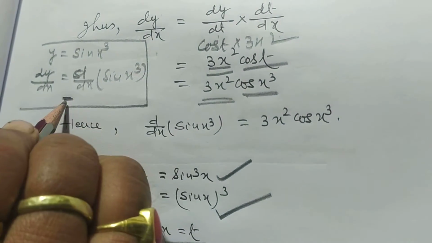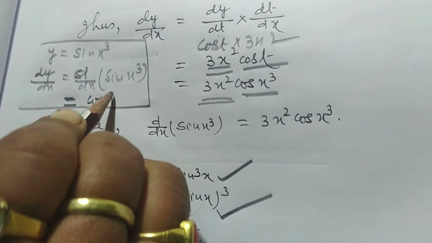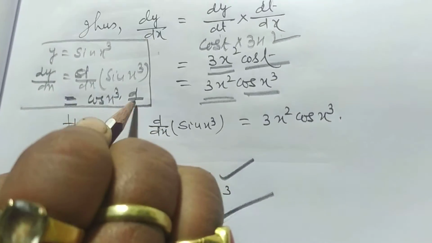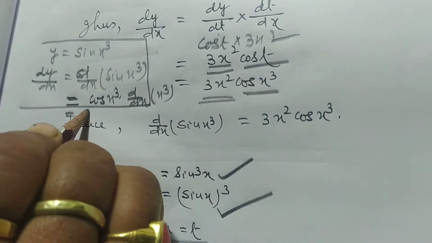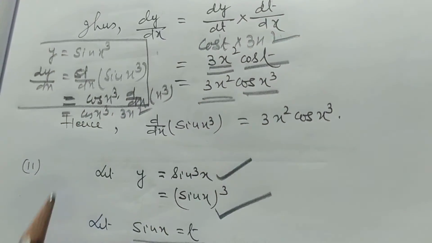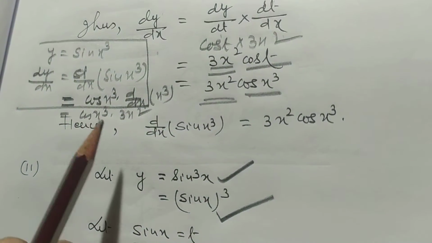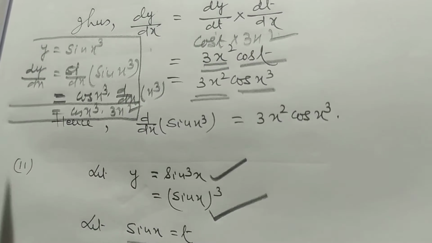First you differentiate the trigonometrical ratio, cos of angle x cube, then the angle, d by dx of x cube, and this is equal to cos x cube into 3x square. So my dear students, in this way we can solve this problem directly.